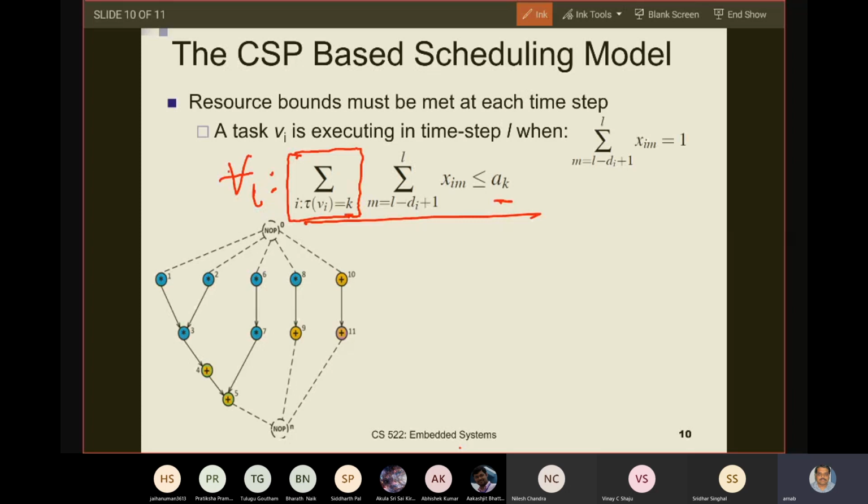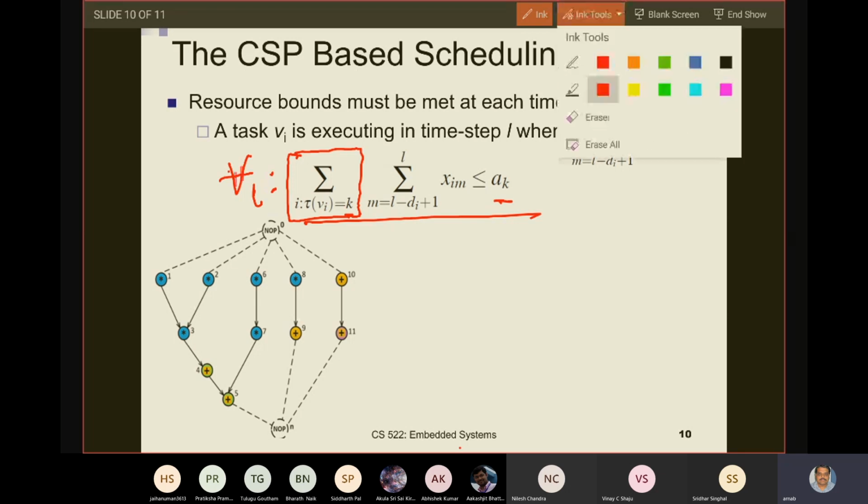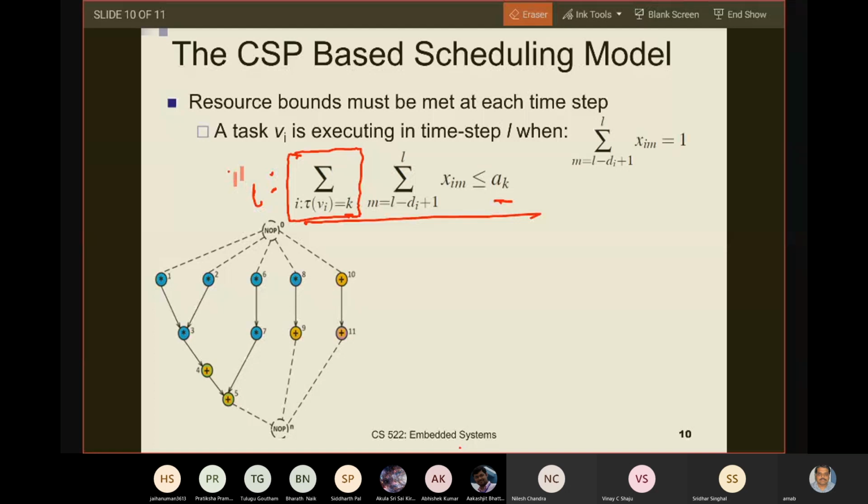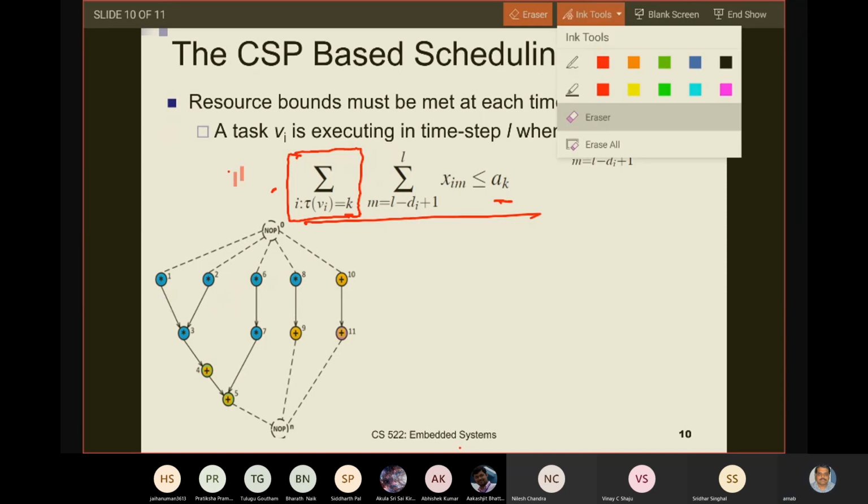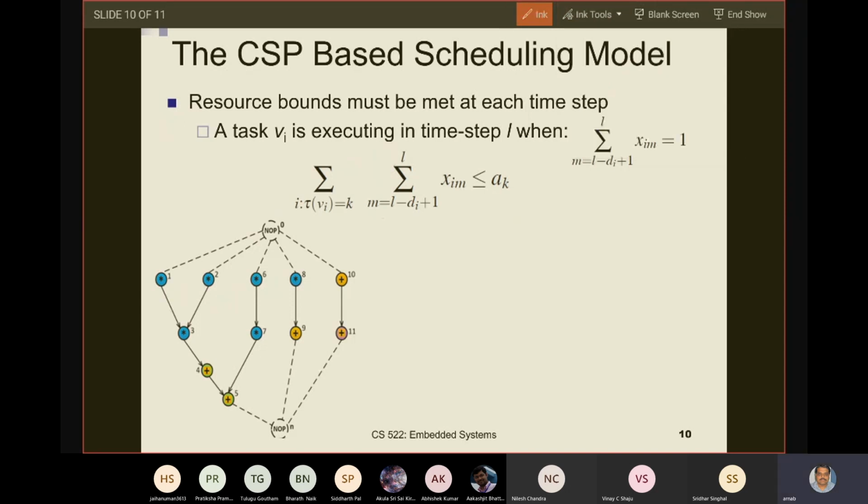And I was a bit wrong, in the sense that this is not only for all time steps, it is also for all K. So for all L and for all K, this has to be satisfied.